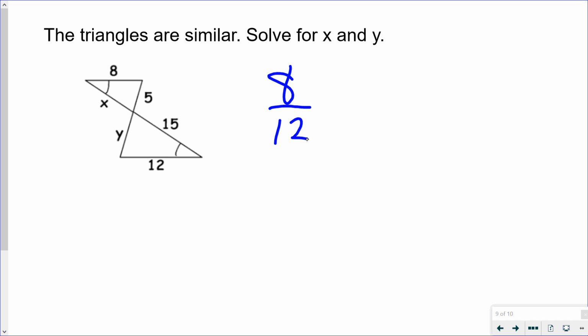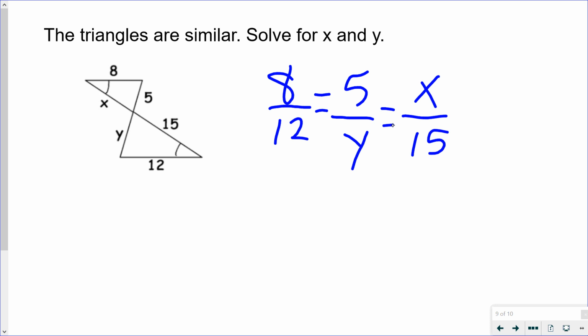So there's our ratio, 8 to 12. If we keep on looking at it, now we see that 5 is going to correspond to y. And then the last ratio that we can write in this case would include the x, which would be x is to 15.